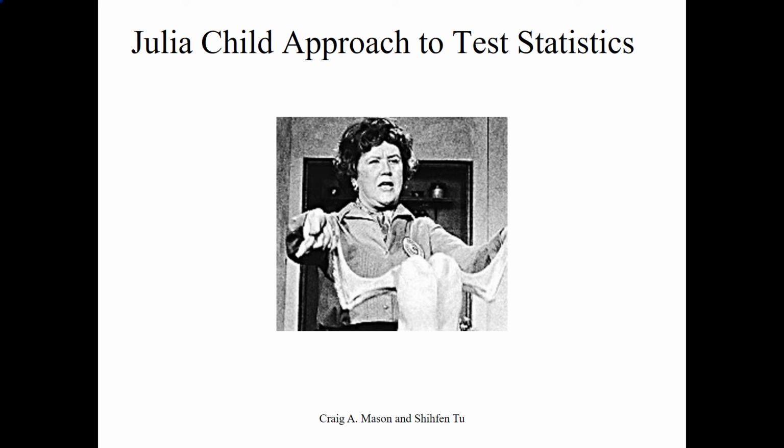In the meantime, if you're reading a research article and confused as to what a t or z or f or chi-square is and how it's related to the actual data, think of Julia Child using the raw data to bake a test statistic cake, which the researcher judges with a p-value and hopes will be awarded a reject the null hypothesis blue ribbon.